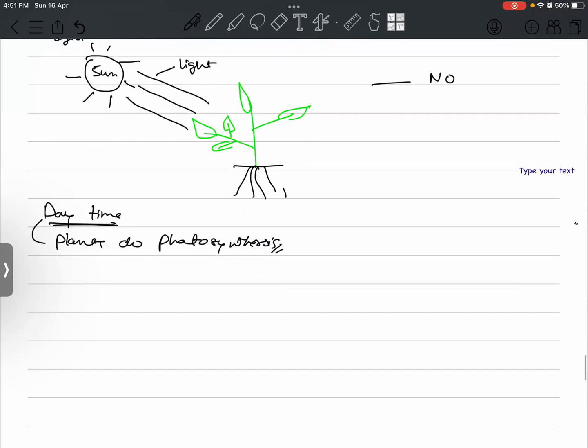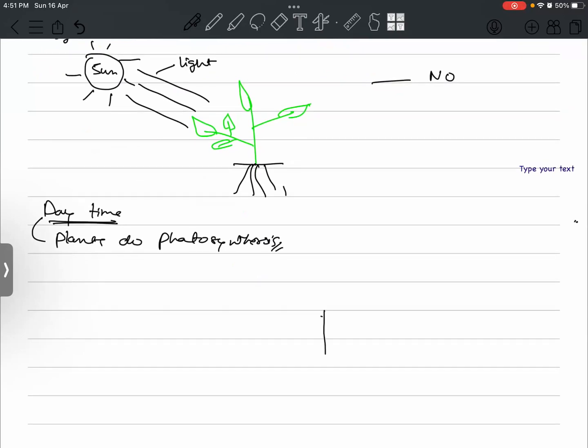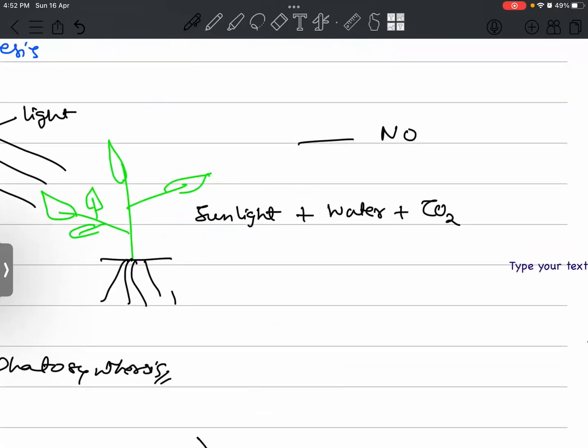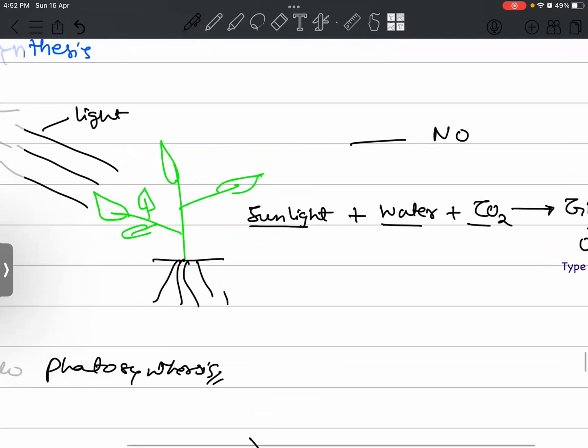Now what happens? This is a plant, let's say. It takes up the sunlight. It takes up the water from the soil. It takes up the carbon dioxide from the atmosphere. And in the presence of all these three components, sunlight, water, and carbon dioxide, plants make glucose and release oxygen in the atmosphere.